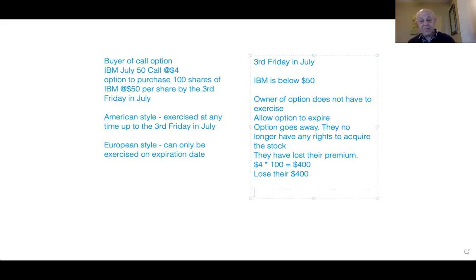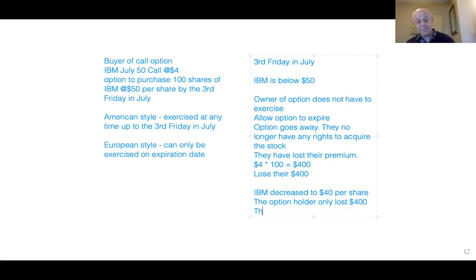But what if IBM fell to $40 per share? The option holder only lost $400.